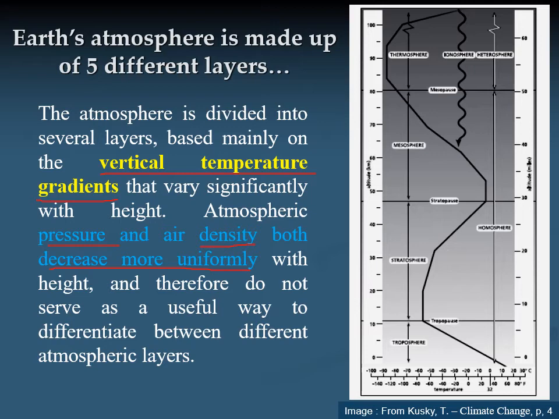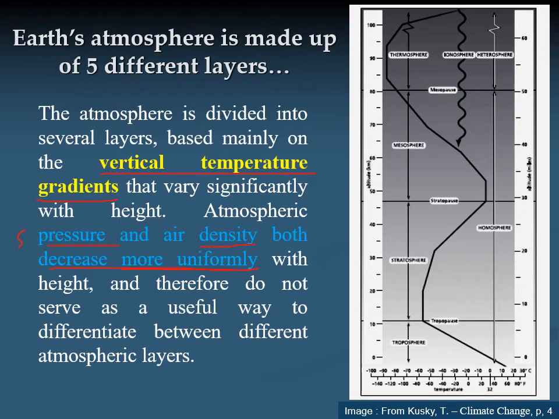So the change in density as well as the change in pressure of the atmospheric gases decreases with altitude in a more uniform fashion. Thereby demarcation of different layers on the basis of these two properties is very difficult or almost impossible.